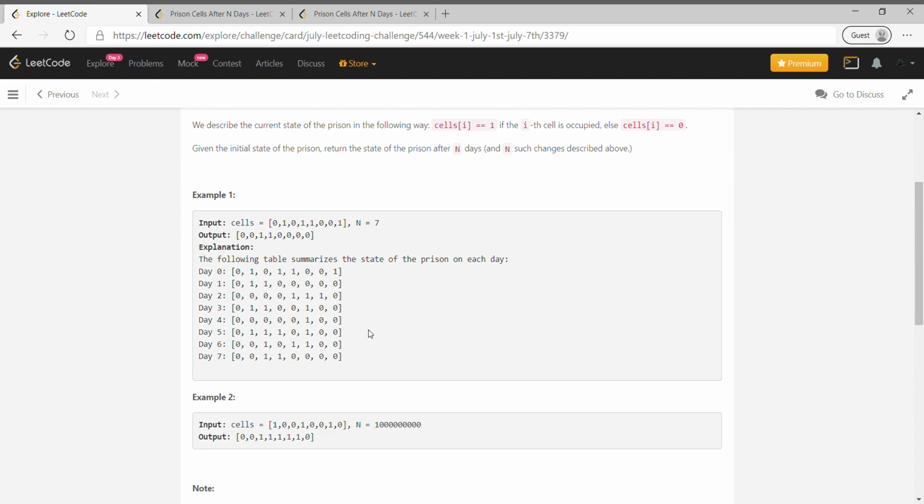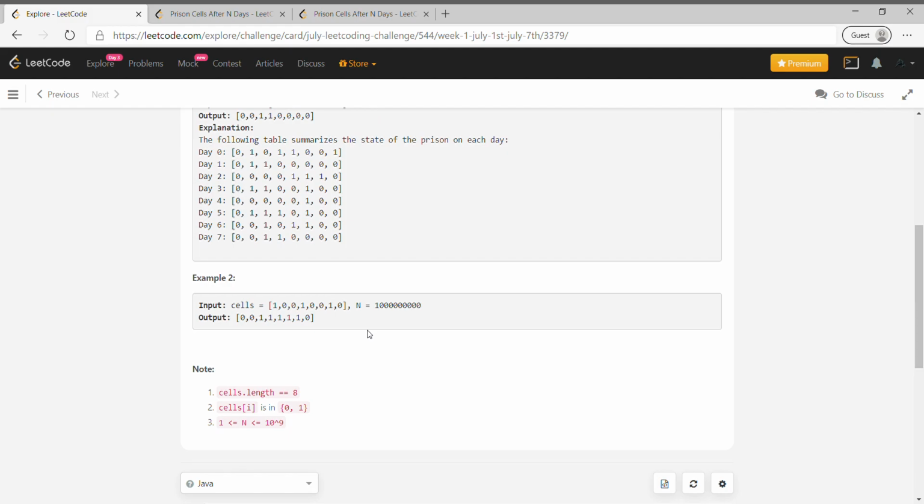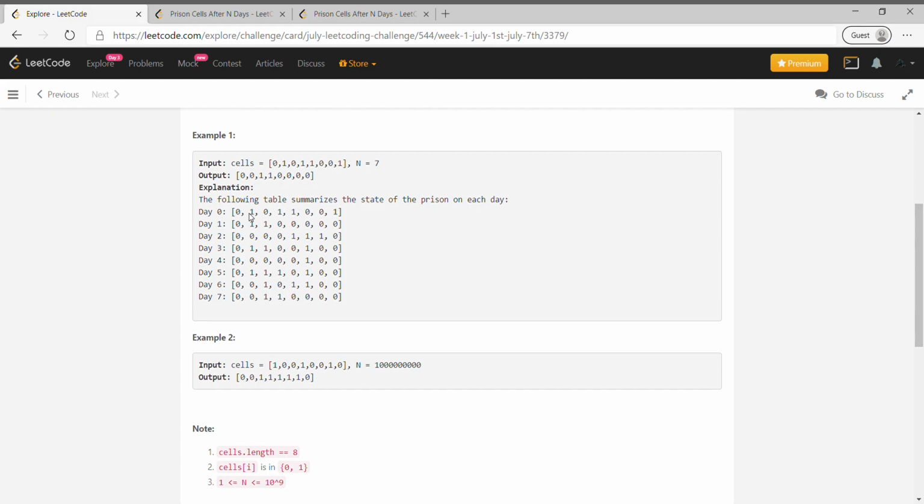So the brute force approach would be like, starting with the first index in the given array, if this is the ith cell, we check its i minus 1 and i plus 1 neighbors, and then check their state, whether they are occupied or vacant.